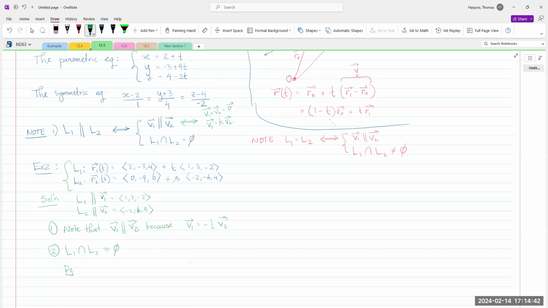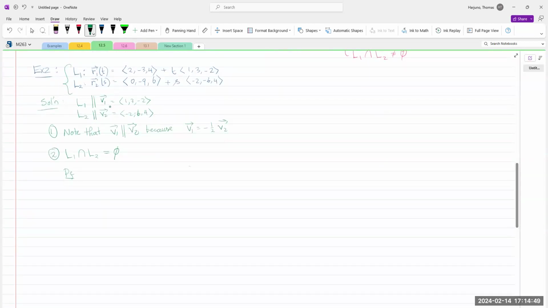Proof. Why is that? Well, let's see if they have an intersection. Suppose, for contradiction, that L1 intersect L2 is not an empty set. Then the position vector of line 2, one of the coordinates on line 2, which is (0, -9, 6), must be reachable.